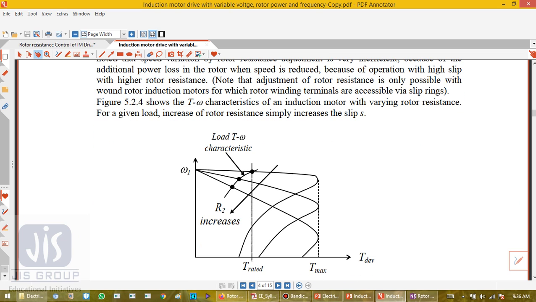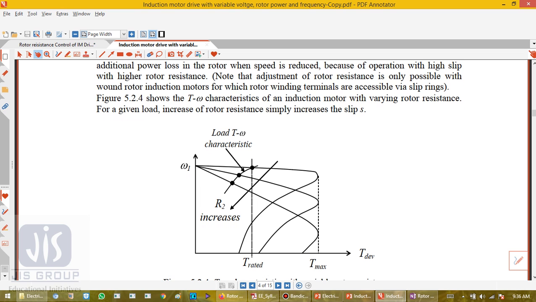This is my torque versus speed characteristic.